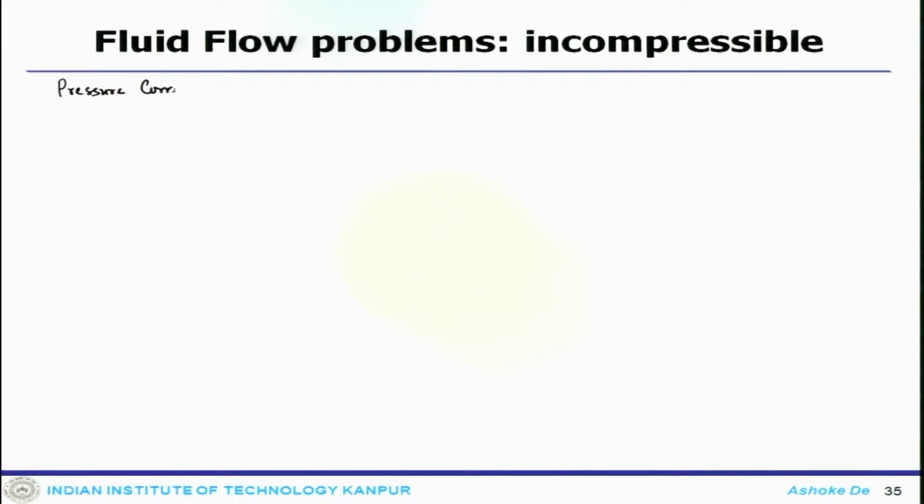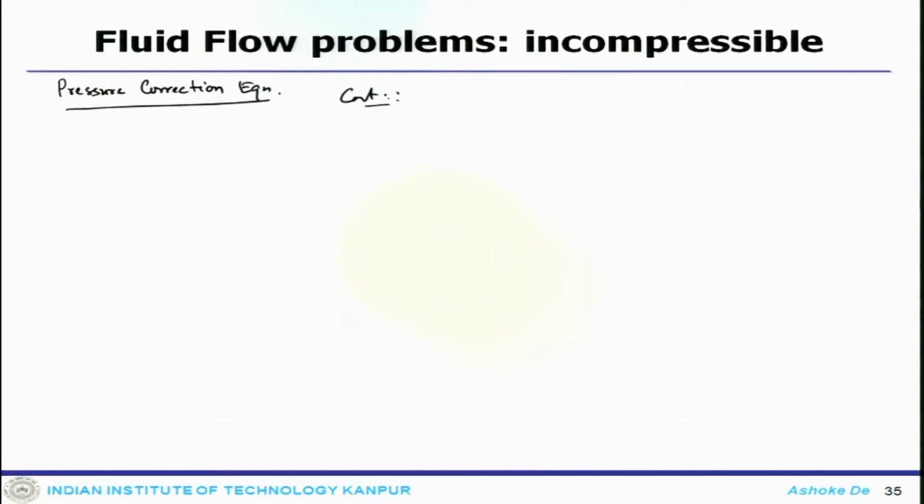The pressure correction equation one can derive is required for your pressure velocity coupling algorithm like SIMPLE. So, we start with the continuity equation.